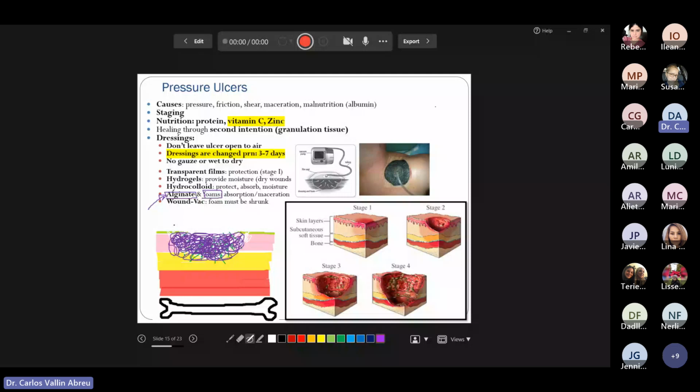Another good alternative for those very secreting deep ulcers would be the wound vacuum, the negative pressure wound care, which I want to explain later. Okay, so now you know what alginate is and when it is used.